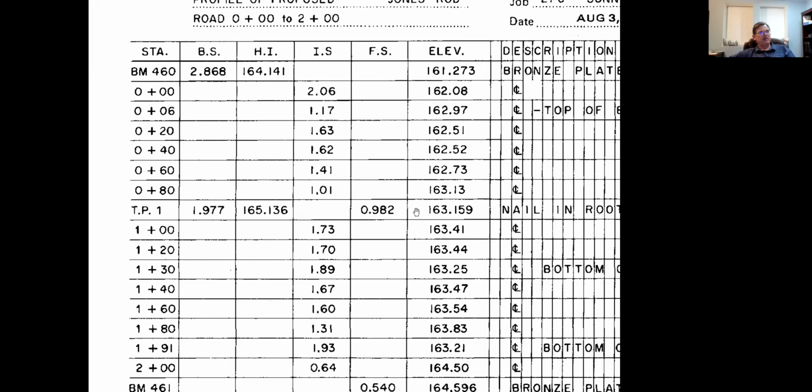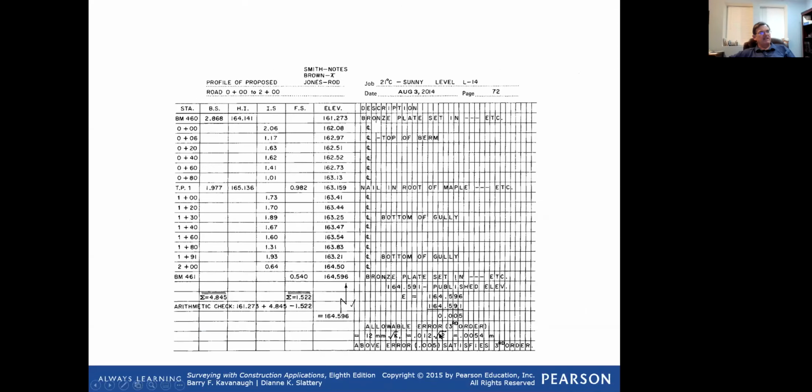There's nothing wrong with this way. I just don't want to put a backsight and a foresight on the same line anywhere. So somebody reducing it and figuring out these numbers might make a mistake. If I keep my shots separate on different lines, they won't make that mistake. But there's nothing wrong with how the book is telling you to keep track of these notes.